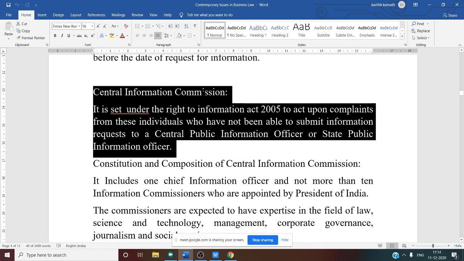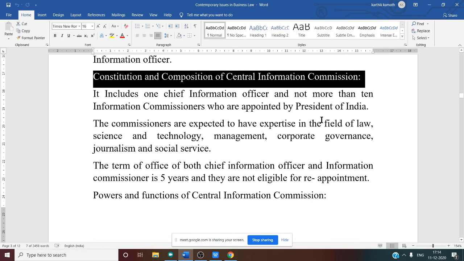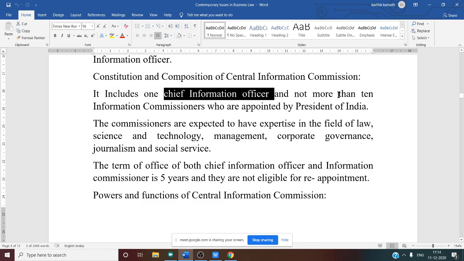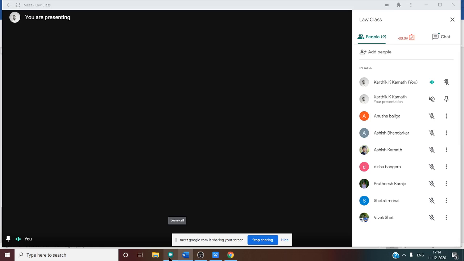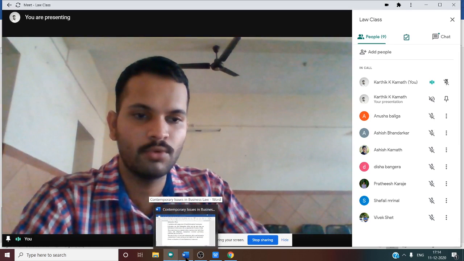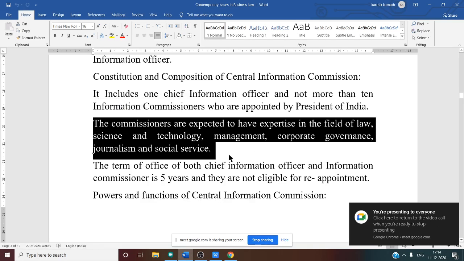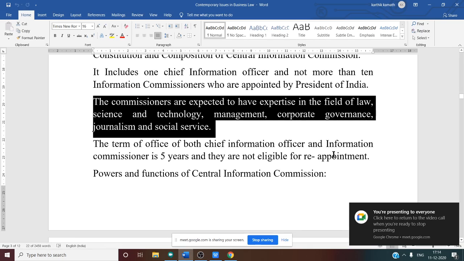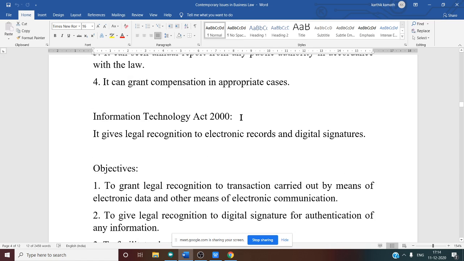What is the organizational structure of this commission? There may be one Chief Information Commissioner and up to 10 Information Commissioners. The commissioners are specialized in various fields like management, science, technology, corporate governance, journalism, etc. Their term is 5 years and they are not eligible for reappointment.